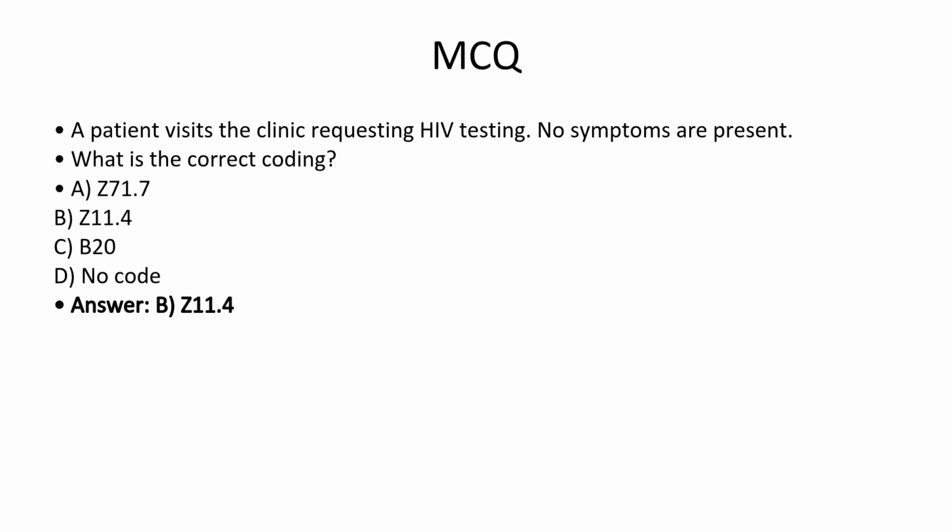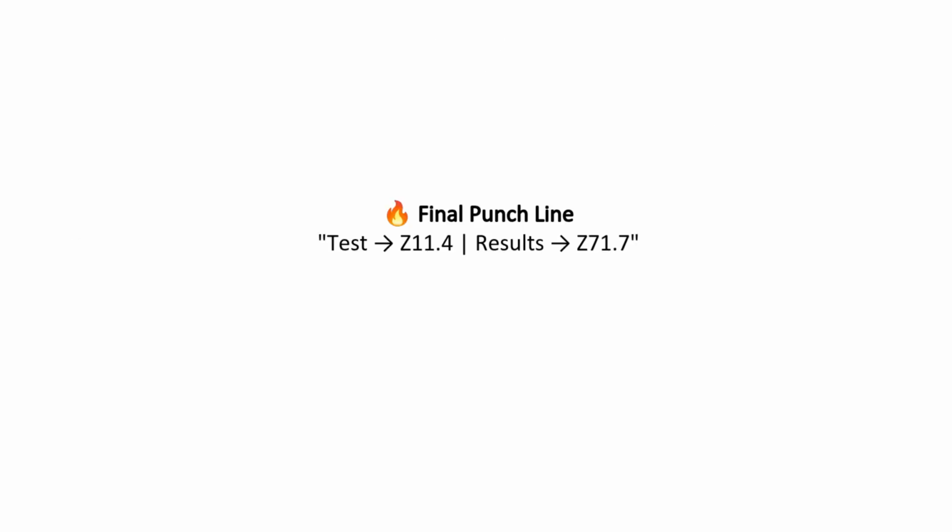Z71.7 is incorrect because this is not a results visit. B20 is incorrect because HIV is not confirmed. So the correct answer is B, Z11.4. For test, we assign Z11.4 and for results, it's Z71.7.